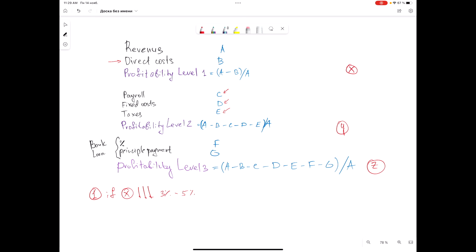In the majority of cases you can do almost nothing to decrease this level of costs.